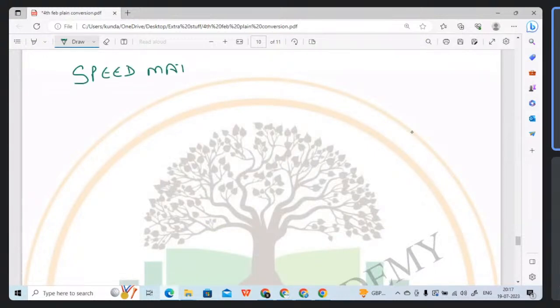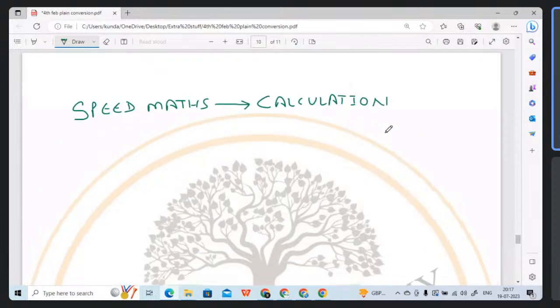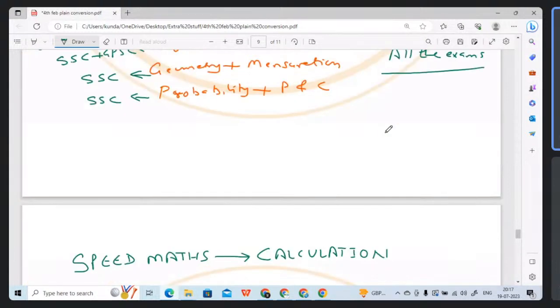This topic is very important because this improves calculation, and without calculation you will not be able to attempt any of the questions. Calculation speed is very important. In this part, one more thing I wanted to tell you is data interpretation, which is also a part of mathematics.